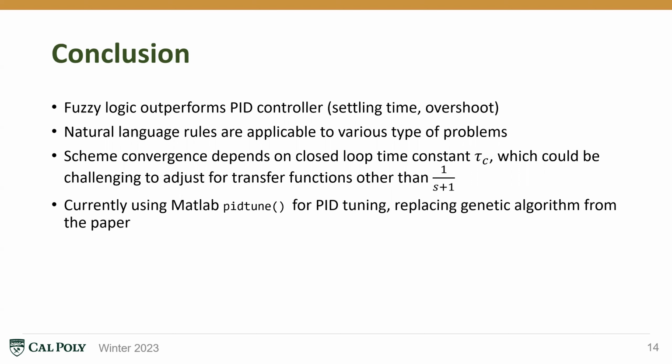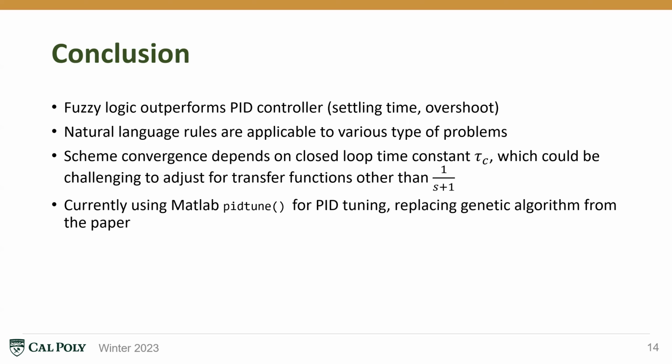One potential challenge is that this scheme's convergence depends on our closed loop time constant tau sub c, which could be challenging to adjust for some other transfer functions if we did not use 1 over s plus 1.